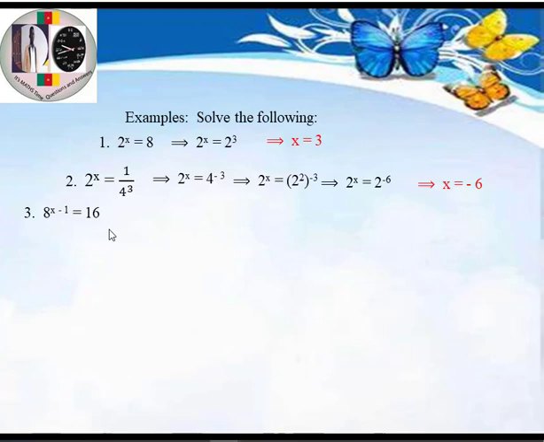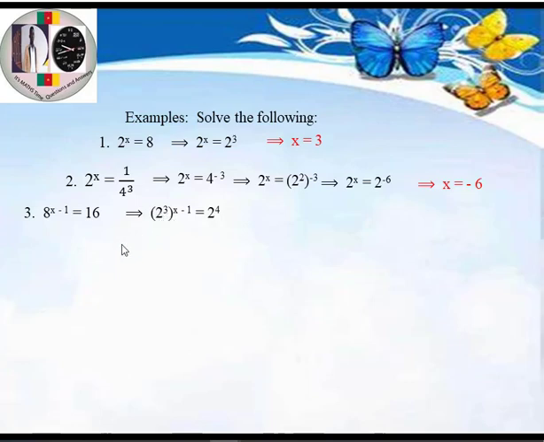So in this case, we are going to have 2 power 3, which is 8, all of that power x minus 1. So we are going to have 2 power 3, all of that power x minus 1, and 16 is 2 power 4. So again, we have an index number raised to another power. So we multiply the two powers.